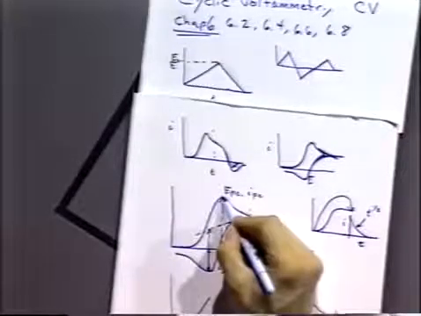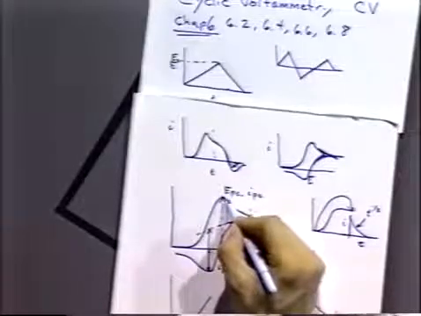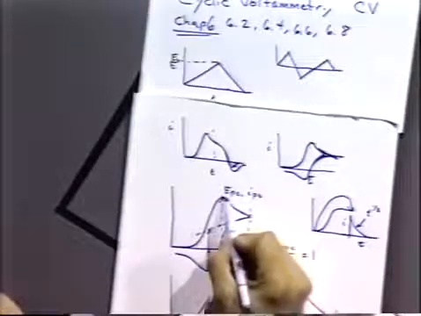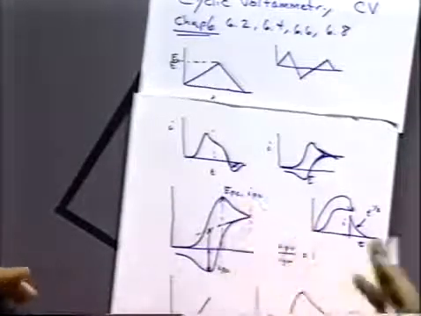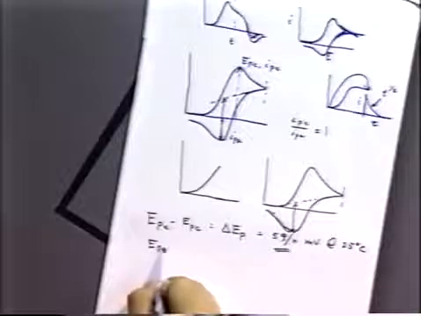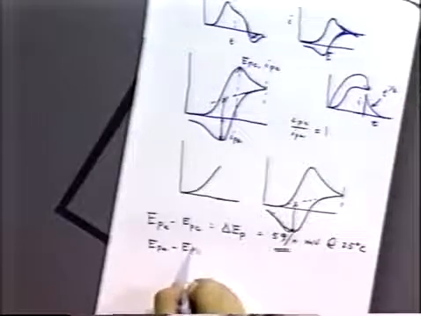If you sweep back just right at the peak or a few millivolts beyond it, you don't get 59 millivolts on the peak separation. It's a little bit different. But most of the time you do sweep out 100 millivolts or so, and then you do get the 59 millivolts.